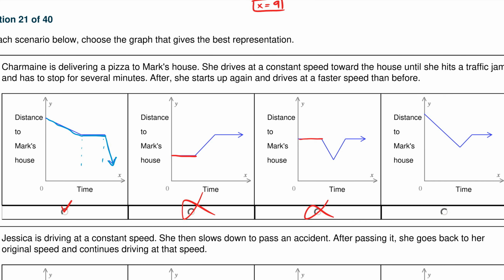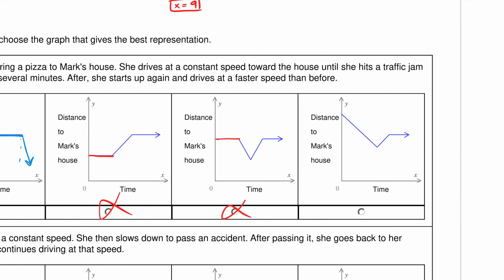So this is also wrong. Okay, over here the distance is decreasing and then increasing, which means that she may make a U-turn to go back. She may have forgotten something, she makes a U-turn, she goes back and she's stuck in traffic. So the U-turn right here is not part of the scenario, so this one is not an answer either.